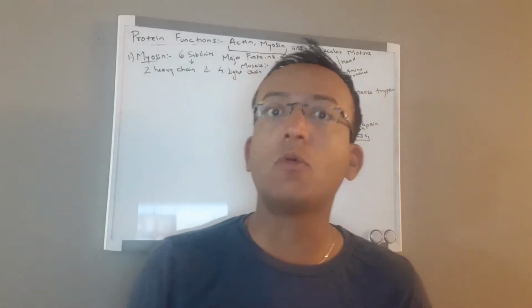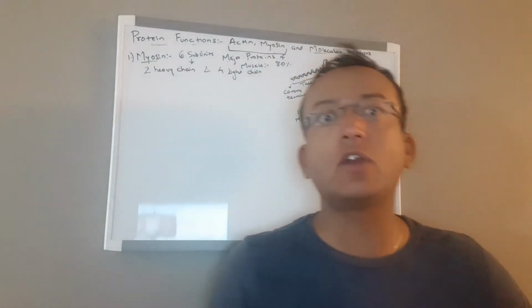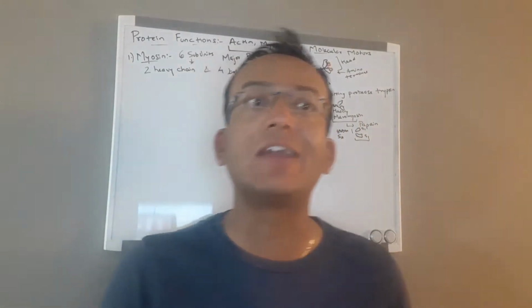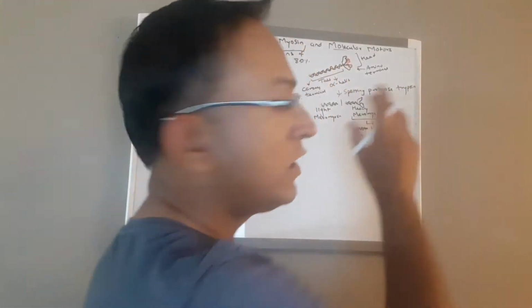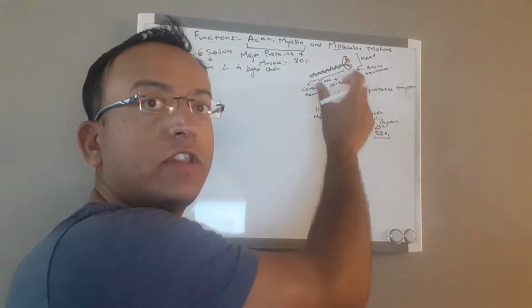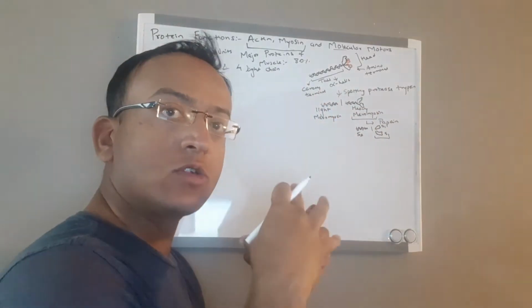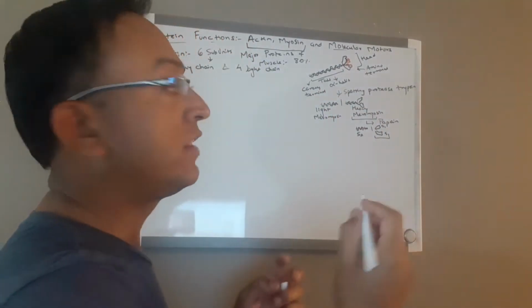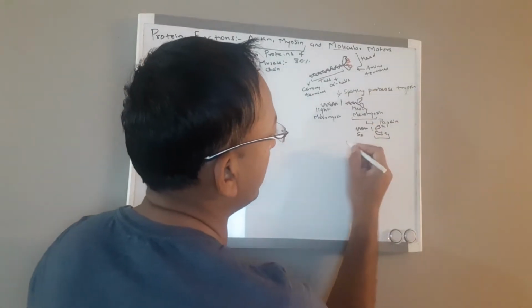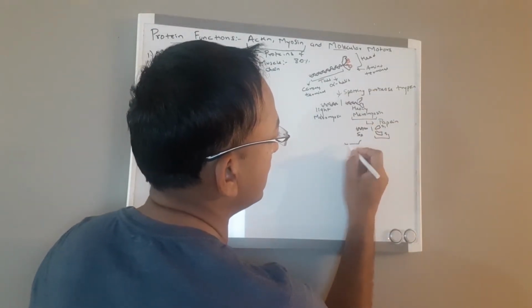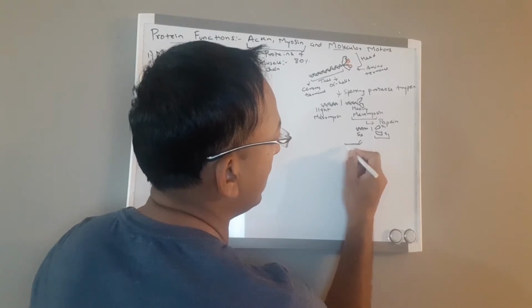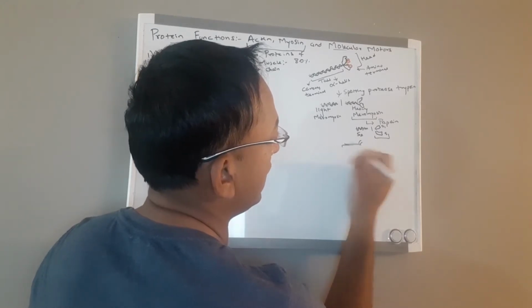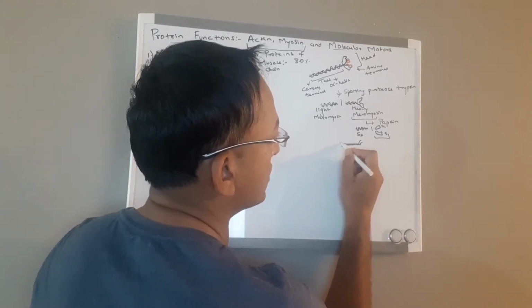So in muscle cells, molecules of myosin aggregate to form the structure called thick filaments. Like this, for example. So they keep aggregating, and it is a bipolar structure, so it is on both sides, right?